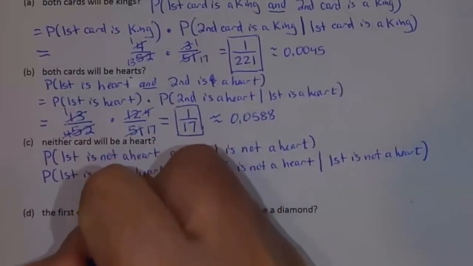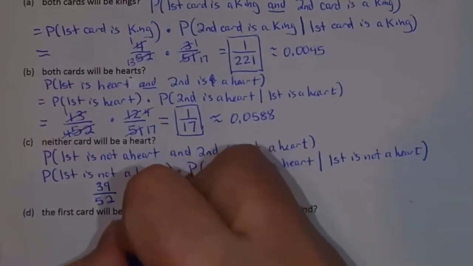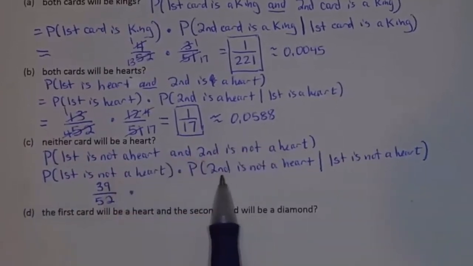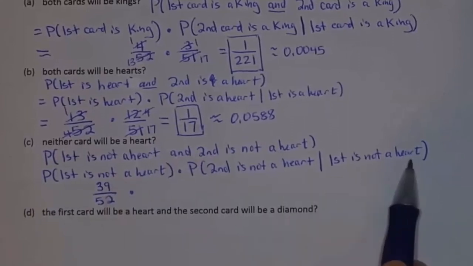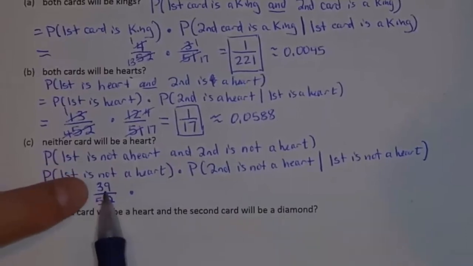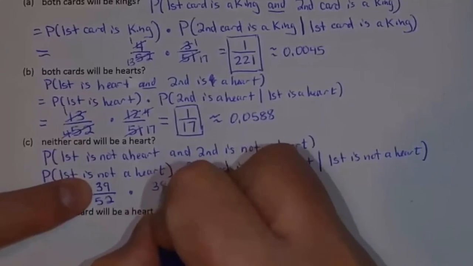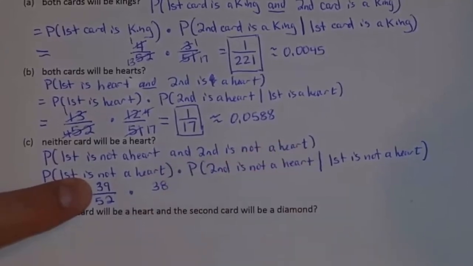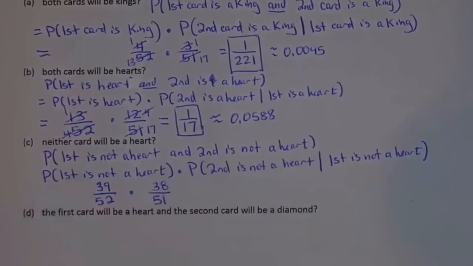So 39 out of 52 would be the probability that's not a heart, times the probability that the second card's not a heart, assuming that the first card's not a heart. Well, if the first card's not a heart, then there would be 38 cards that aren't hearts left in the deck out of 51 cards left in the deck.